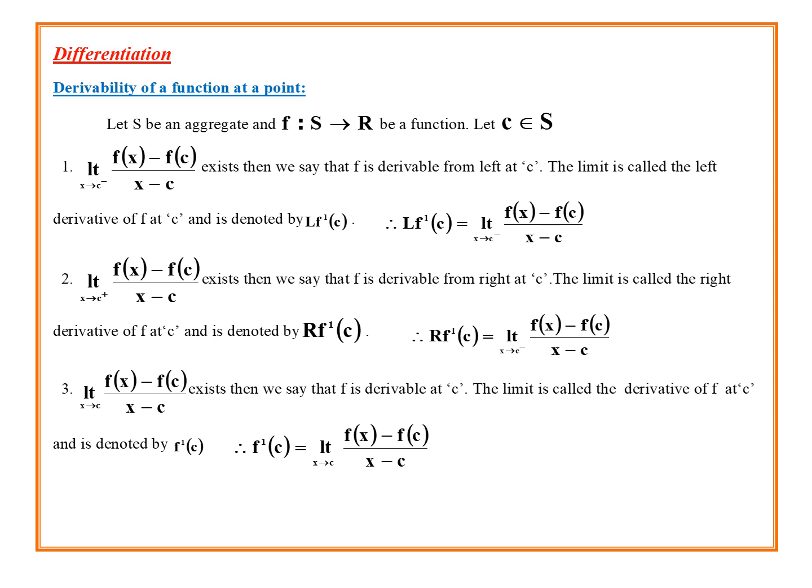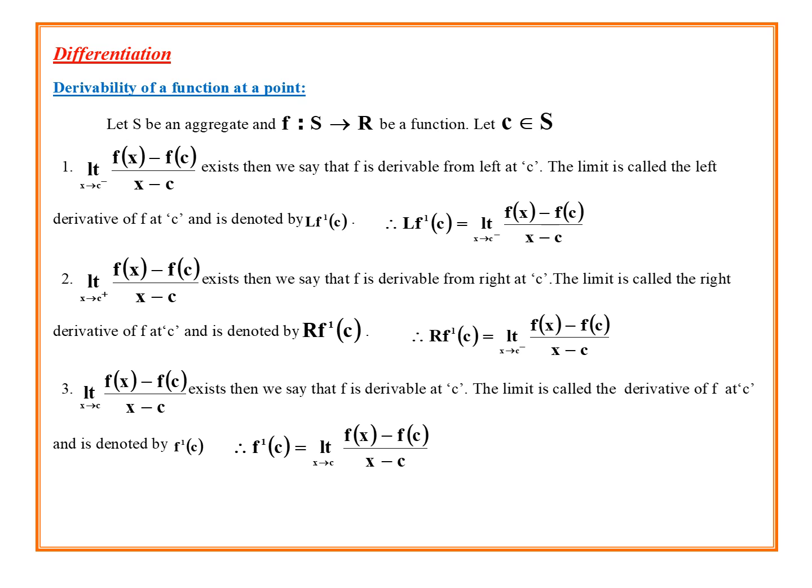The limit is called the left derivative of f at c and it is denoted by Lf'(c). Therefore, Lf'(c) is equal to the limit as x tends to c minus of (f(x) minus f(c)) by (x minus c).